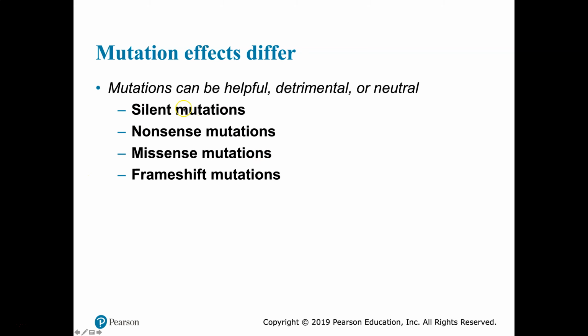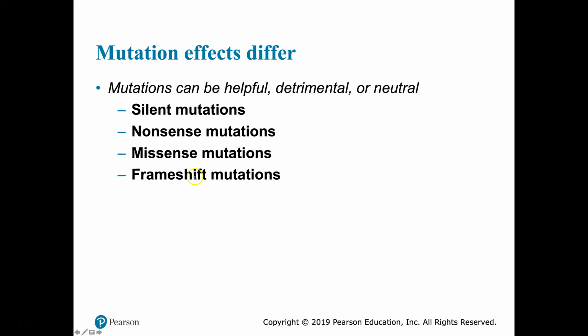Silent mutation, there's a change in the sequence, but the amino acid stays the same. Nonsense, there's a substitution, but it codes for a premature stop codon. Missense, there's a substitution, and it codes for a new amino acid compared to the original sequence.